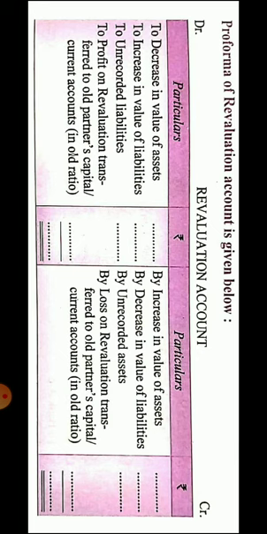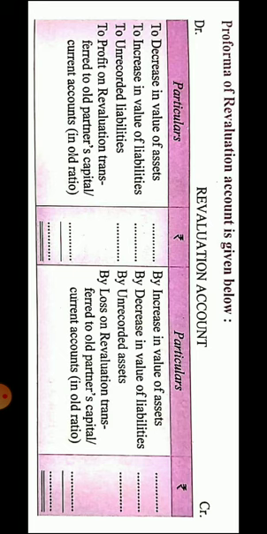The effect of a decrease in value of assets will be a loss to the company, and the effect of an increase in value of liabilities will again be a loss. So if the value of assets is decreasing, the company is in loss. If the value of liabilities is increasing, it is again a loss. So losses will be debited in the revaluation account.